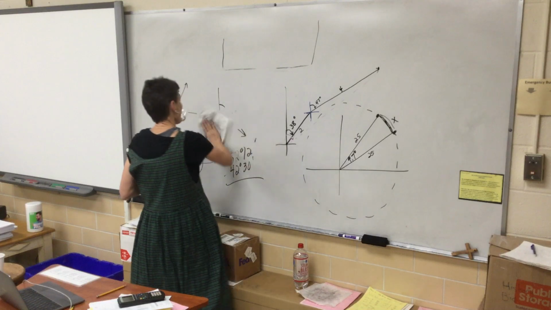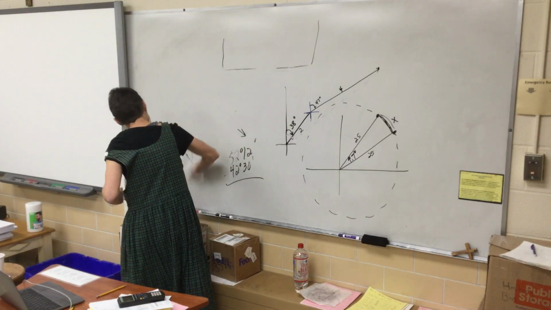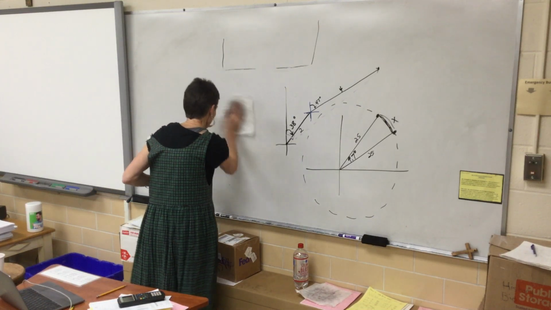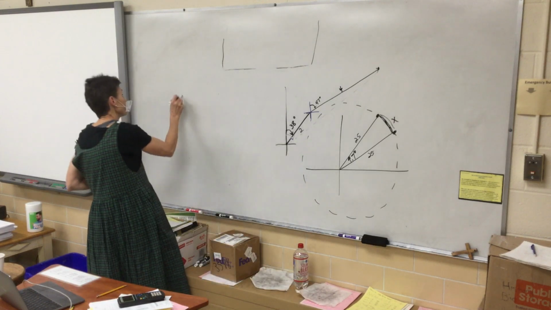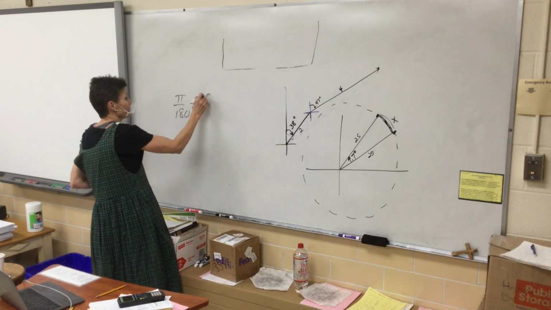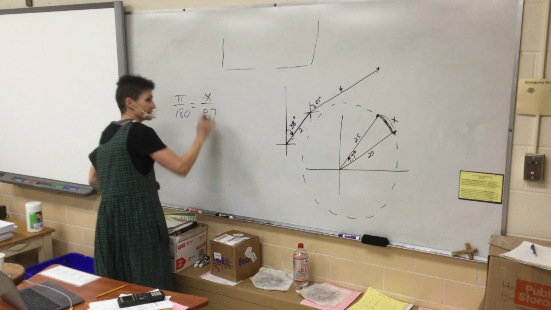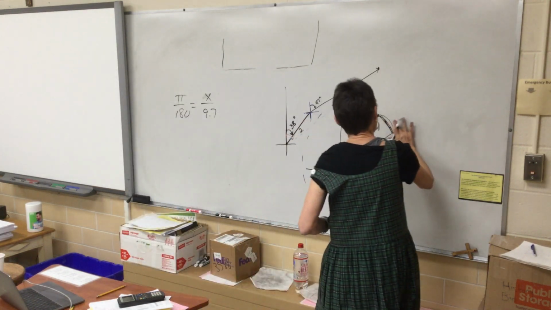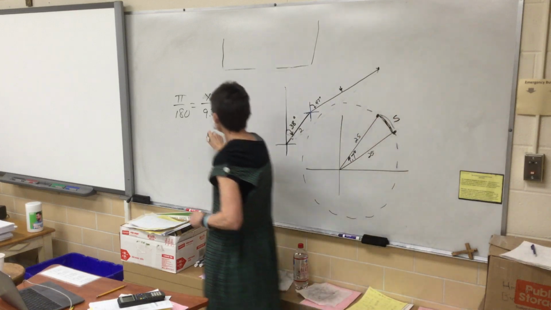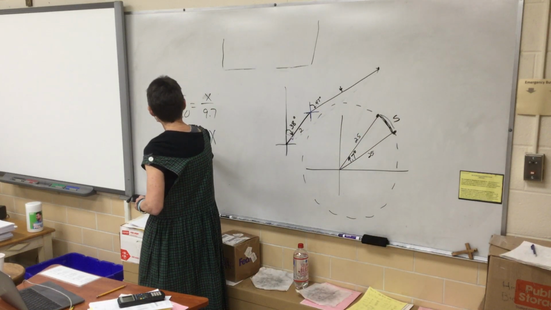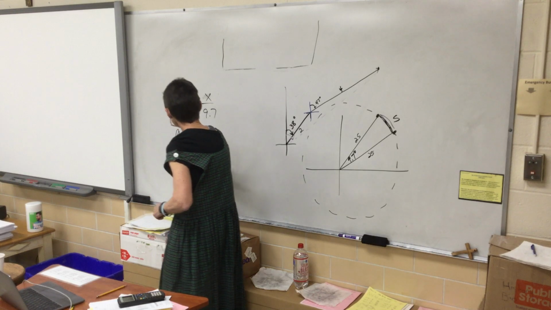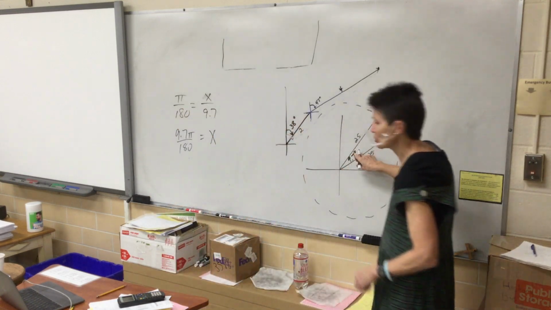So I'm going to change 9.7 into radians. So I will say pi over 180 equals x over 9.7, and that's not this x. I'll change this to an s. So 9.7 pi over 180 is my radian measure of this angle.